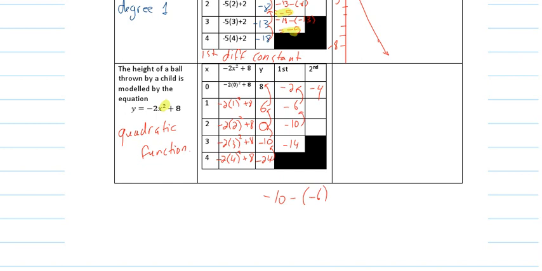Then I'm going to go to negative 14 minus negative 10. So that's the same thing as saying negative 14 plus 10, which is also negative 4. So what you notice here is that the second difference is constant. So a quadratic function will have a constant second difference.